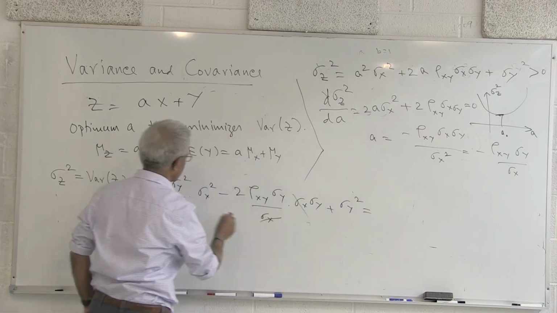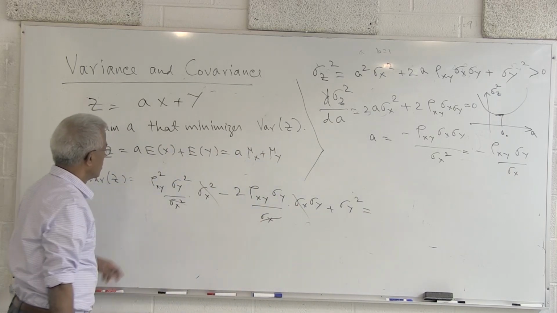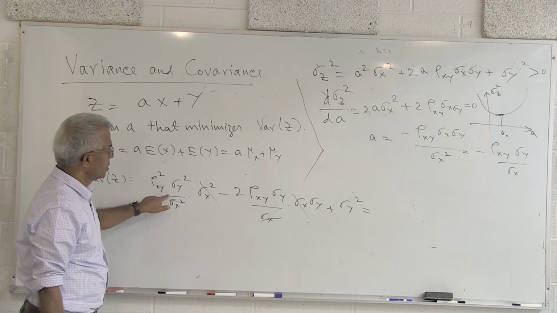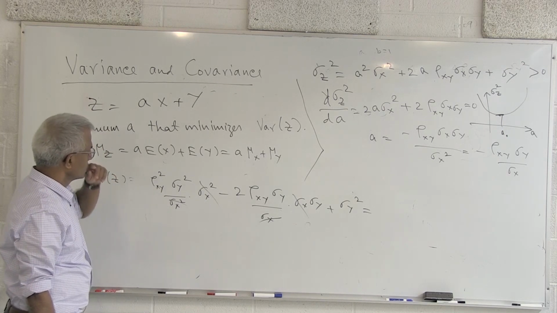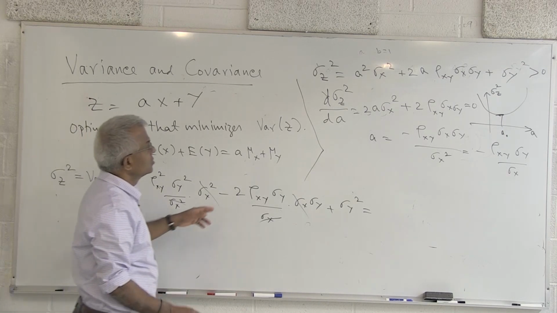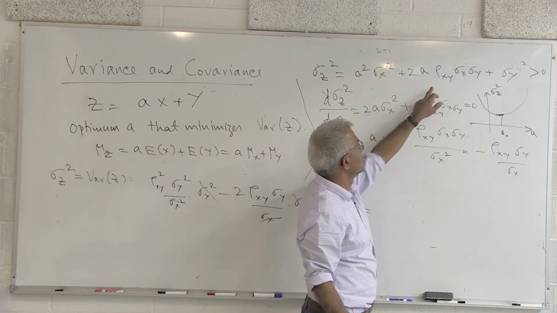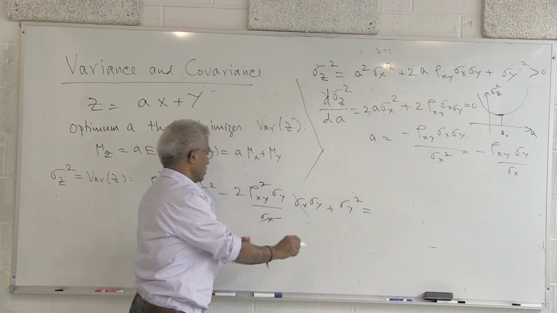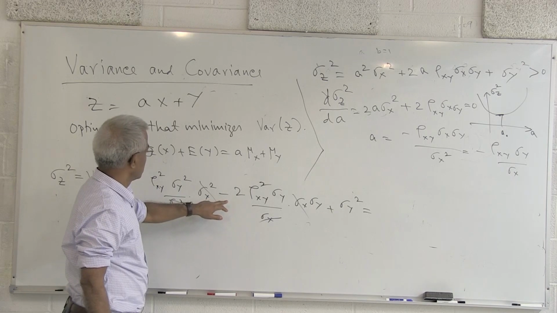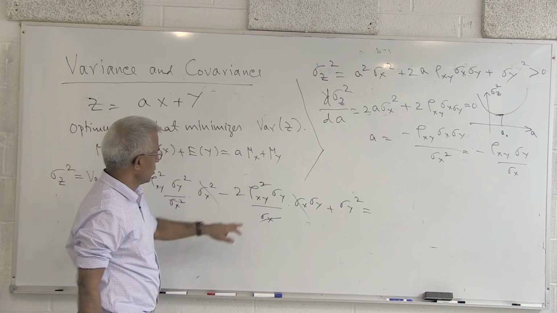So sigma x squared cancels. Here you have rho squared. Because you have a rho here, this is also rho squared. So you have 2 rho squared.